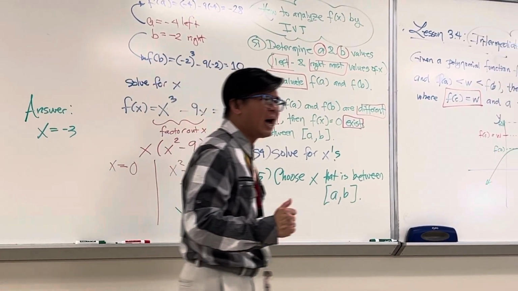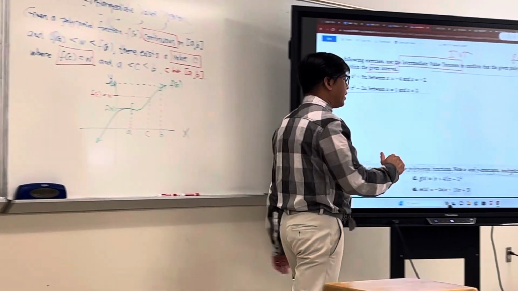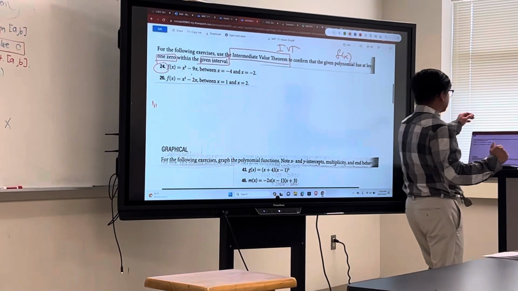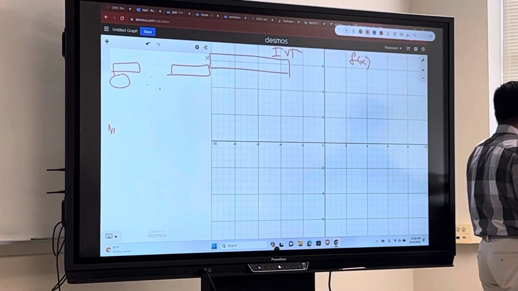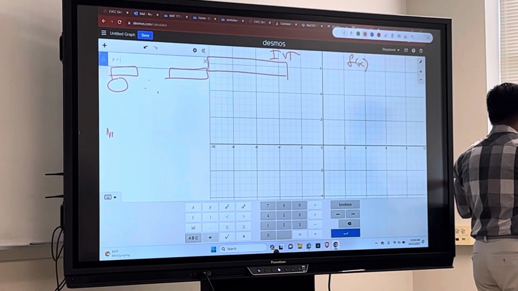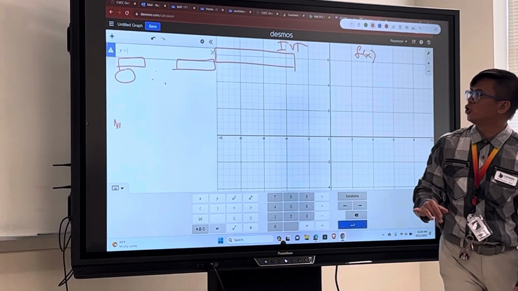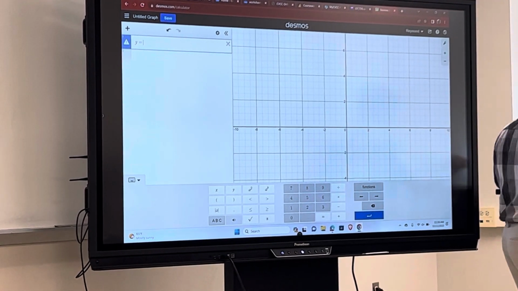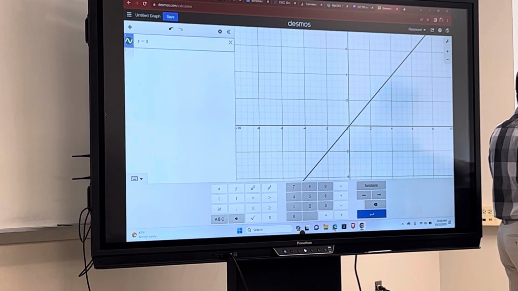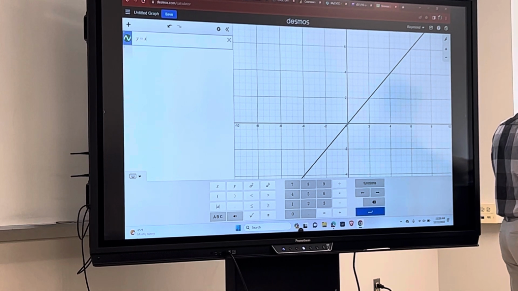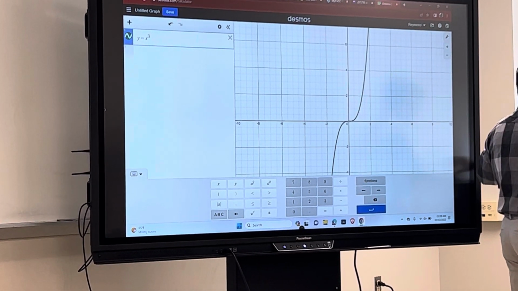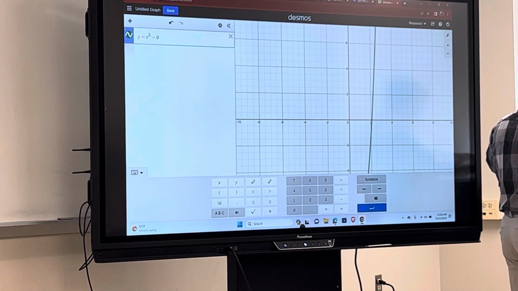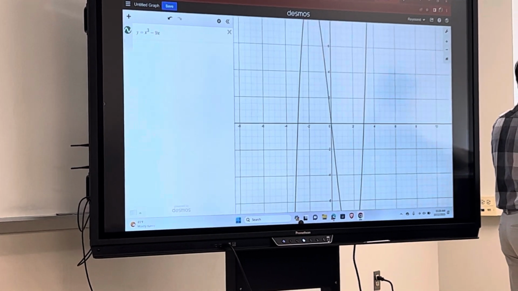Well, let's see how it looks like, right? We can actually verify it by graphing. So let's see how the graph looks like in here. So once again, what's our function? We said x cubed minus 9x. Put in here. So here it is.